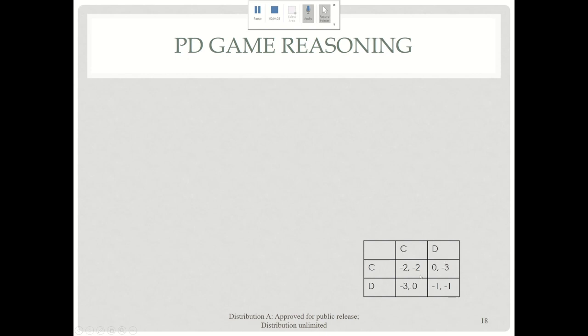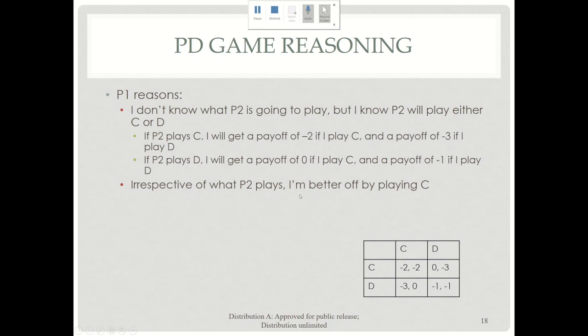Same reasoning from player 1, which gives me higher utility, C or D? And in this case too, player 1 sees that playing C gives a higher utility of 0 than playing D, utility of -1.